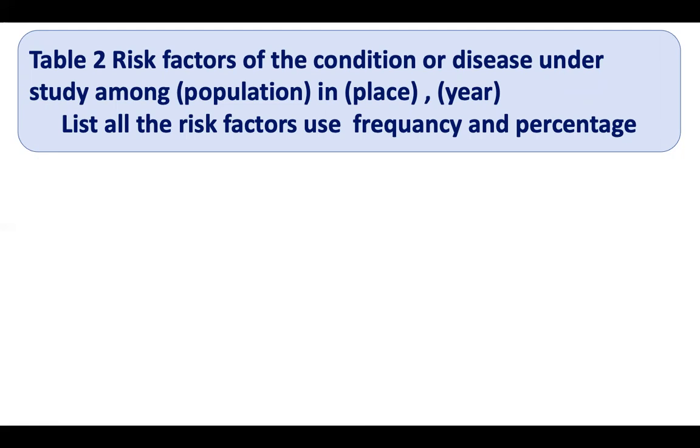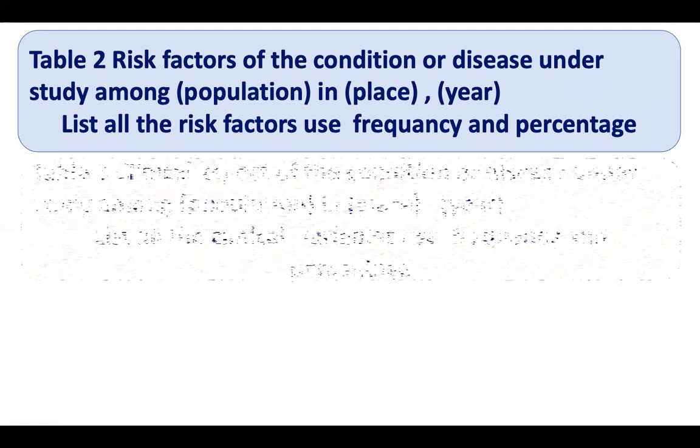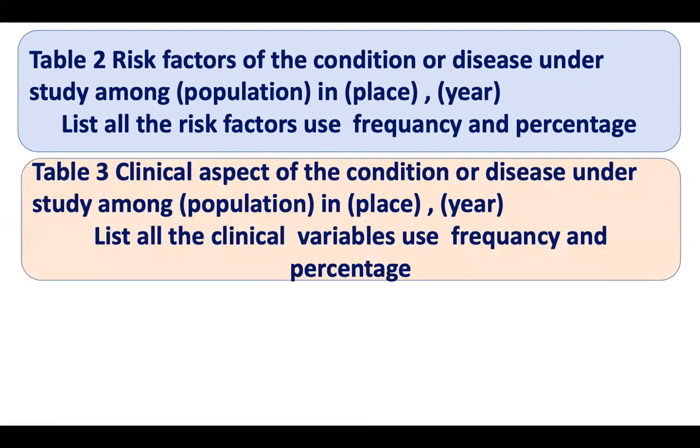List all the risk factors, use frequency and percentage, because this is descriptive. The third table can be the clinical aspect of the condition or disease under study among the population in place and year. List all the clinical variables, use frequency and percentage.